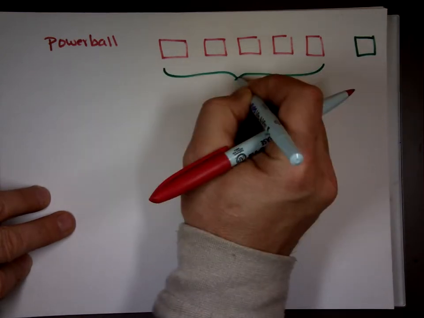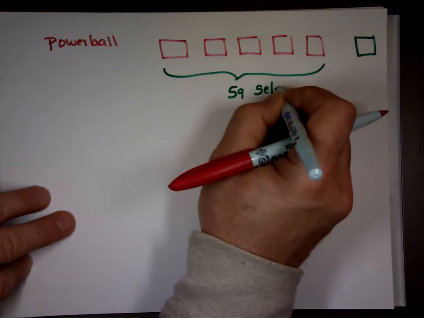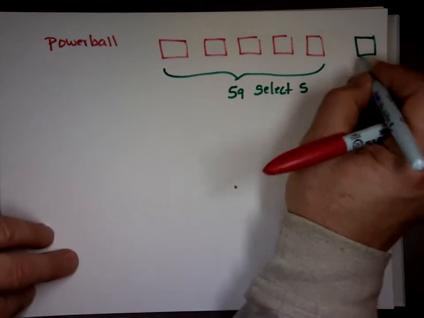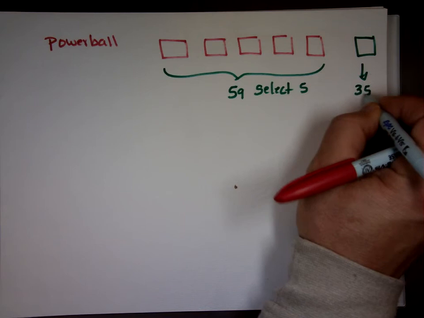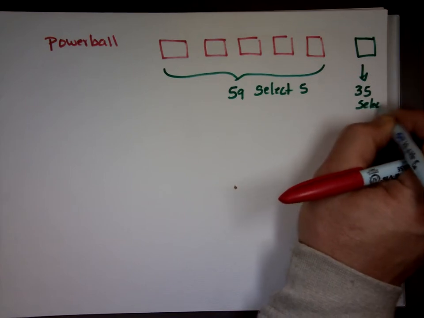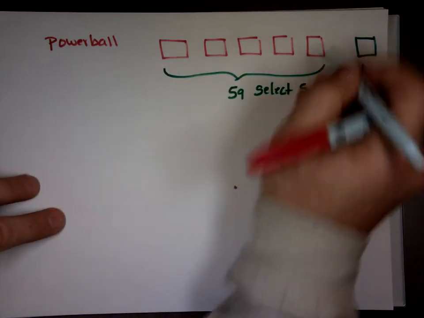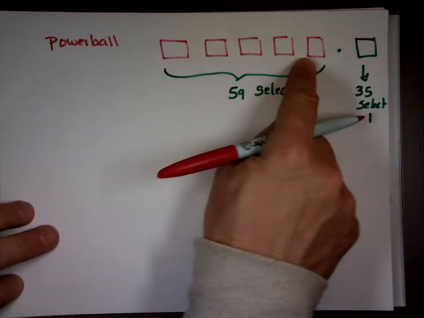There are 59 numbers to choose from, and you're going to select how many? 5. This group, you have the Powerball number of 35 numbers, and you get to select how many? 1. You got to match all these numbers and that number to win the big prize. I don't want to win a free ticket. I want 280 million. So I got to match all these 5 numbers plus that Powerball number.